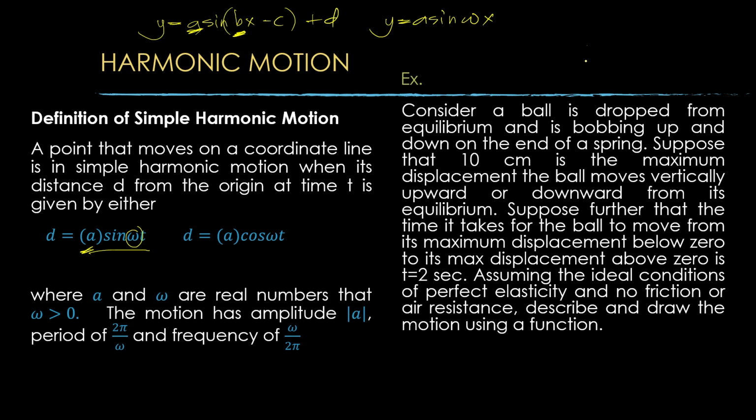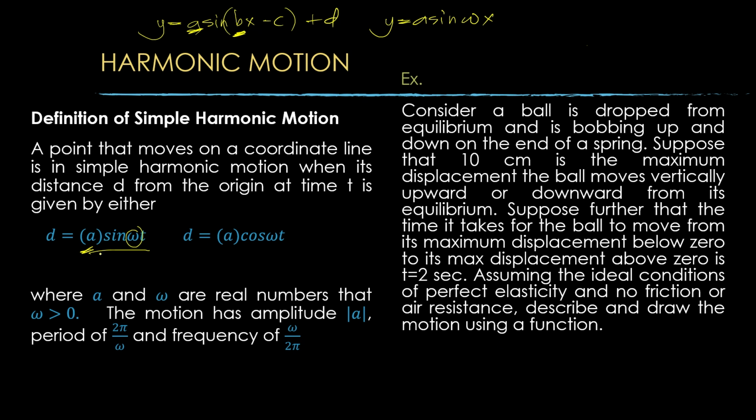And suppose further that the time it takes for the ball to move from its maximum displacement below zero to its maximum displacement above zero is 2 seconds. We assume ideal conditions of perfect elasticity and no friction or air resistance, meaning this will go on and on. And we are to describe and draw the motion using a function.